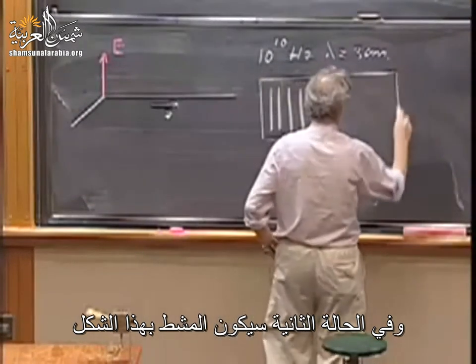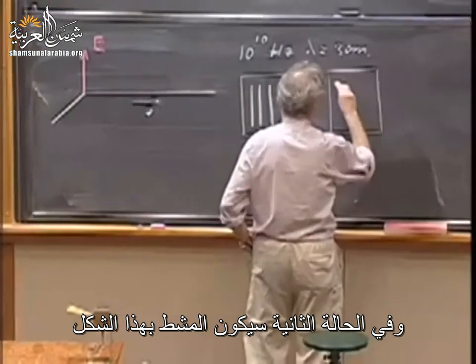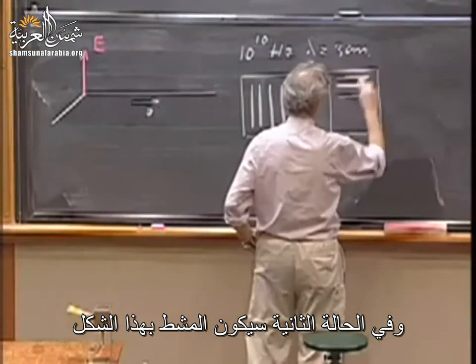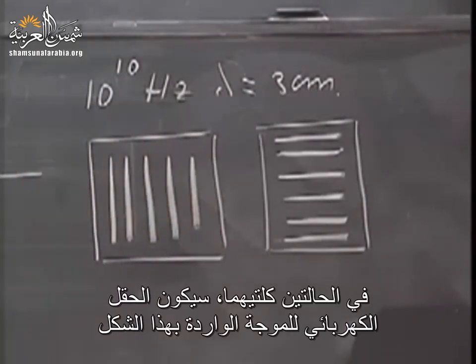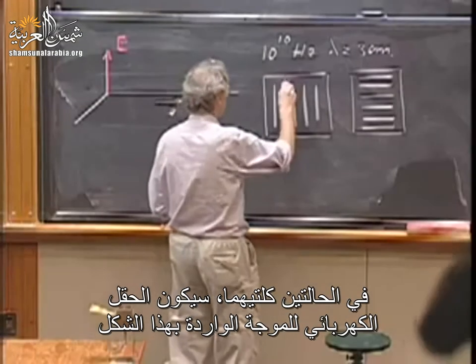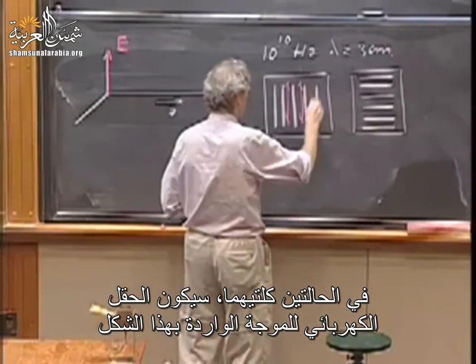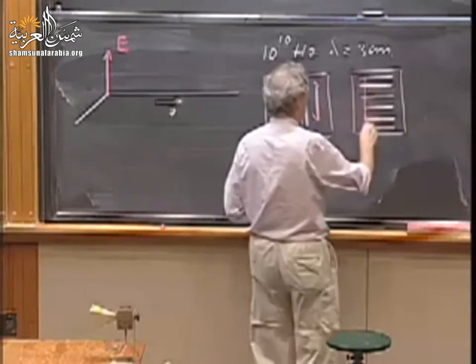And in the other situation, the comb is going to be like this. So in both cases, the electric field of the wave that comes in will be in this direction, and here it will be in this direction.